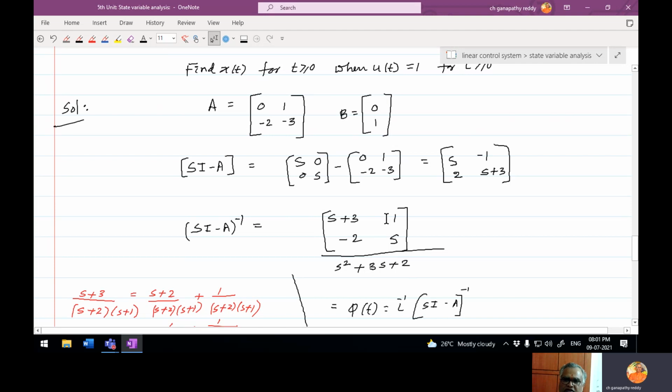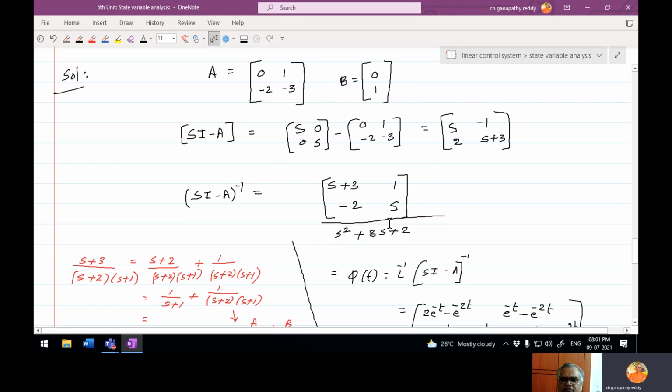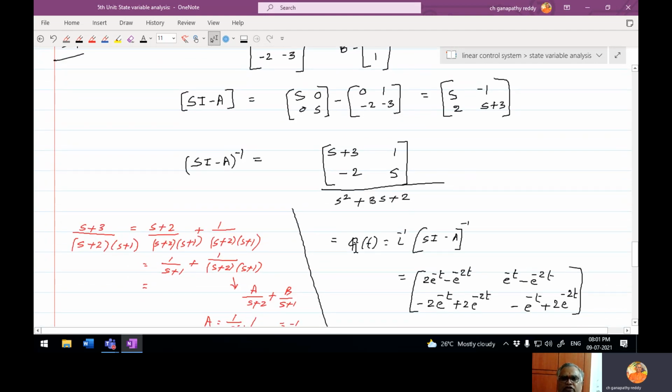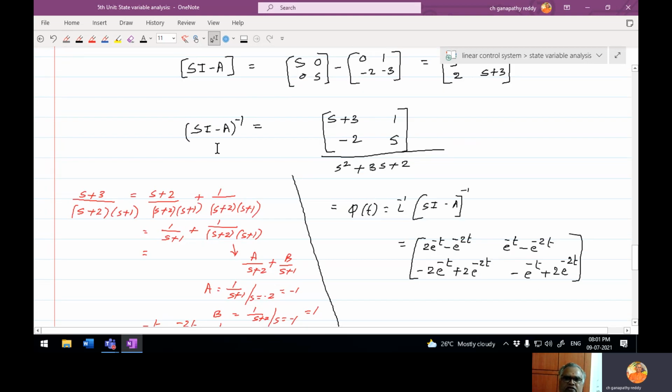Minus 1 will become plus 1, plus 2 becomes minus 2. So the diagonal elements are interchanged, only the polarities change for the others, divided by the determinant. So here you get so many terms: s plus 3 by determinant, 1 by determinant, minus 2 by determinant, s by determinant.